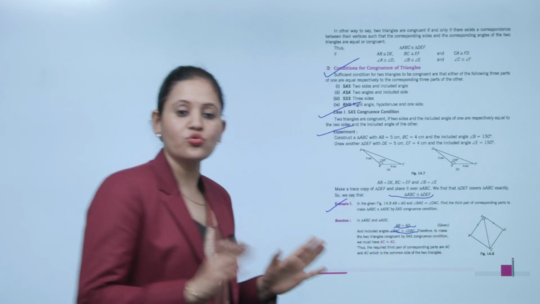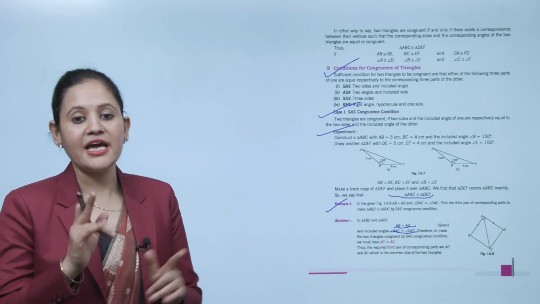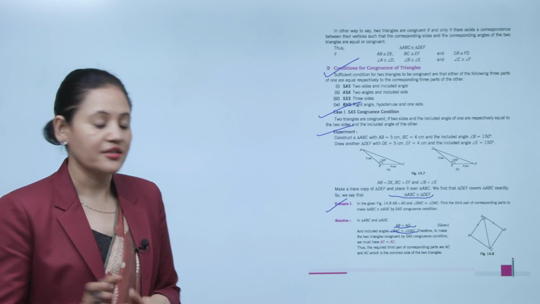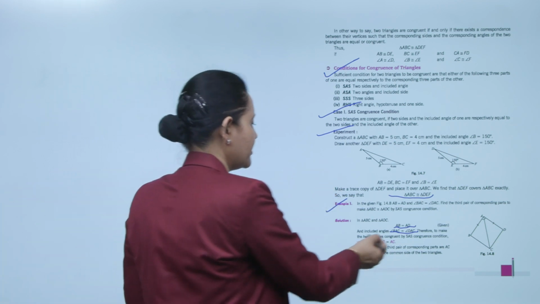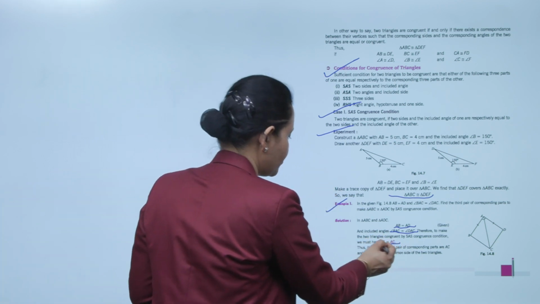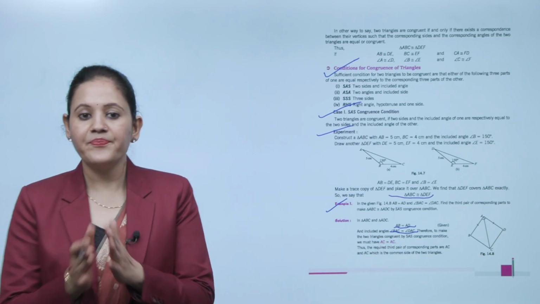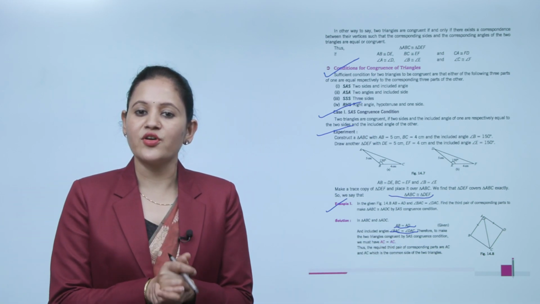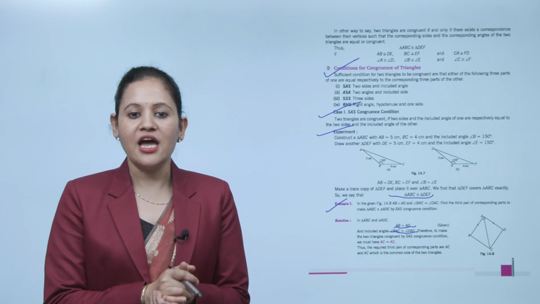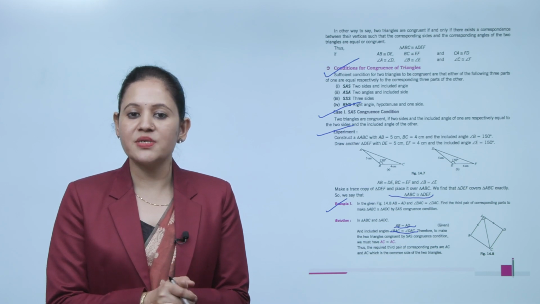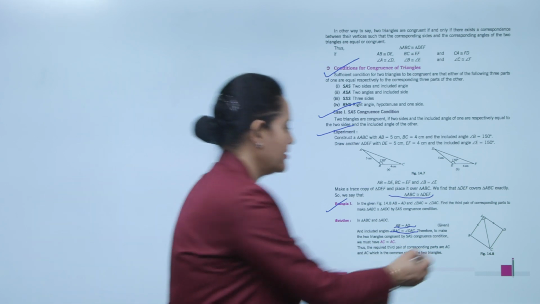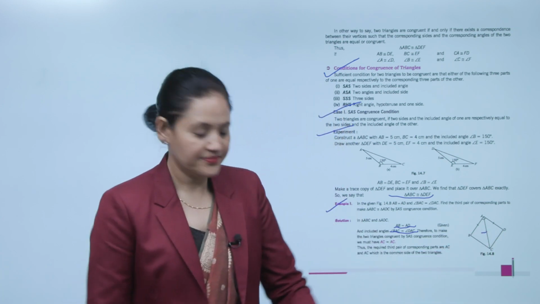Therefore, to make the two triangles congruent by the SAS congruence condition, the third side should be equal. That means AC equals AC. Clear? Thus, the required third pair of corresponding parts is AC and AC, which is the common side of the two triangles. Clear?